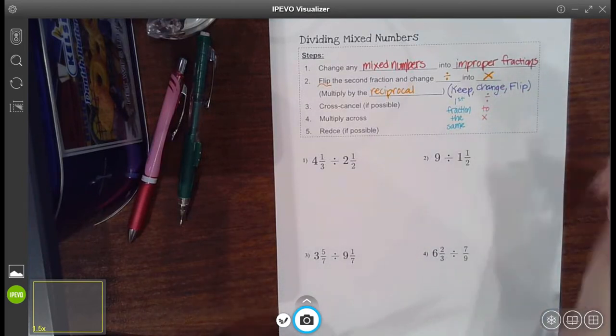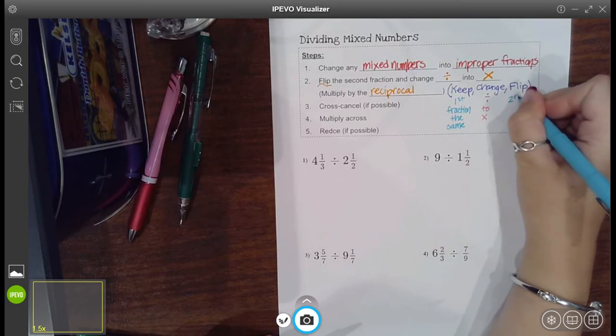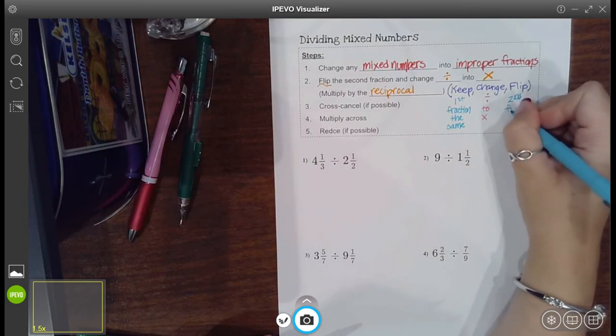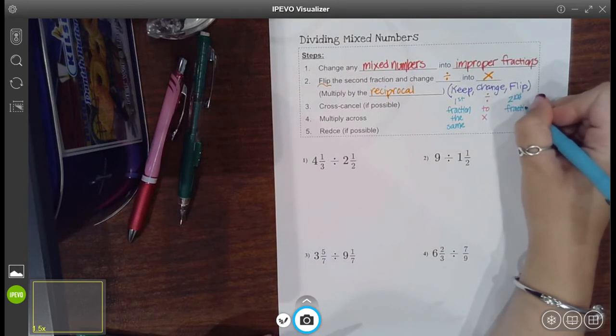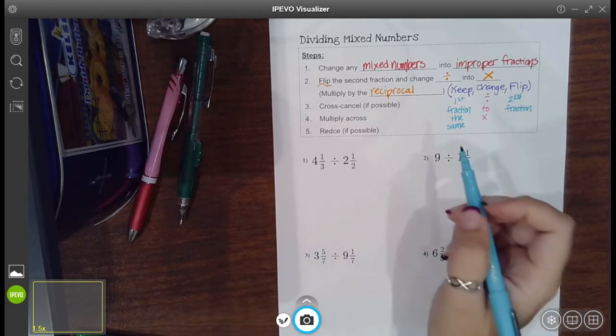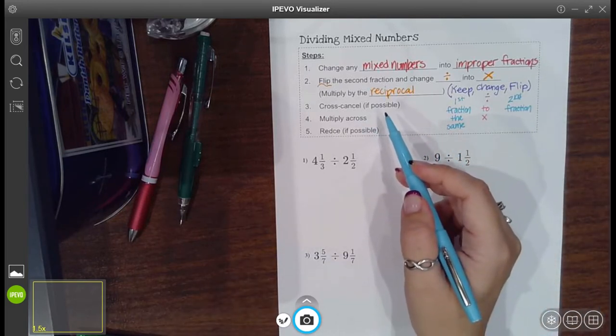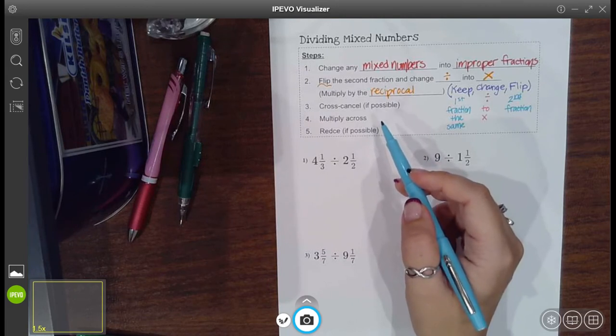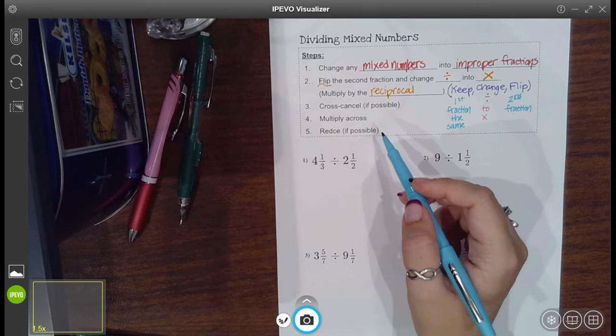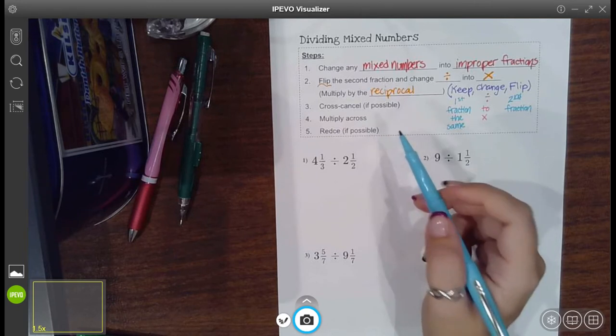And then you flip the second fraction. Once you have that set up, it's a normal multiplication problem, and you can cross cancel if possible. Then you multiply across, and then you reduce if possible, or simplify.